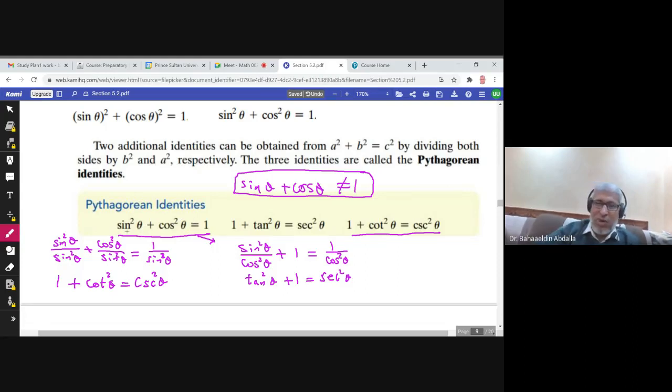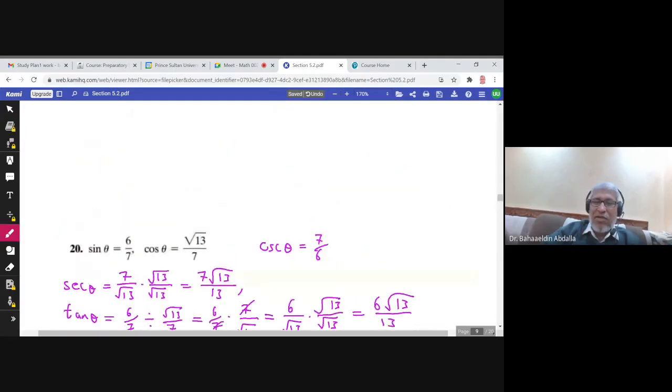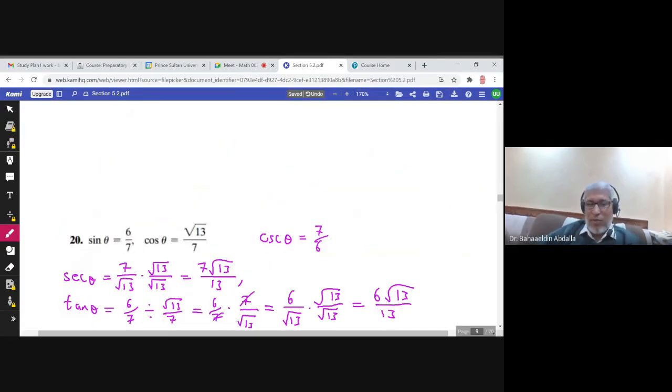You can check this in any of these examples. For example, here in question 20, let us find sine theta plus cosine theta. Use your calculator or just add them. You will have 6 plus square root of 13 over 7. This is not 1. But if you find sine square theta plus cosine square theta, you will get 36 over 49 plus square root of 13 squared would be 13 over 7 squared would be 49.